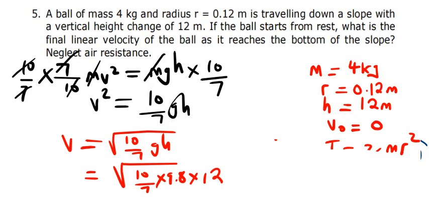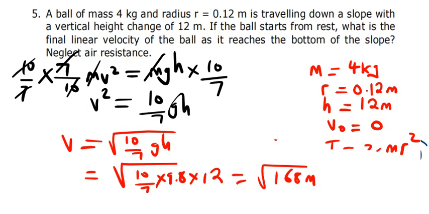When I solve, 10 multiplied by 9.8 is 98, multiplied by 12 divided by 7. So I'm finding the square root of 168 in the bracket.